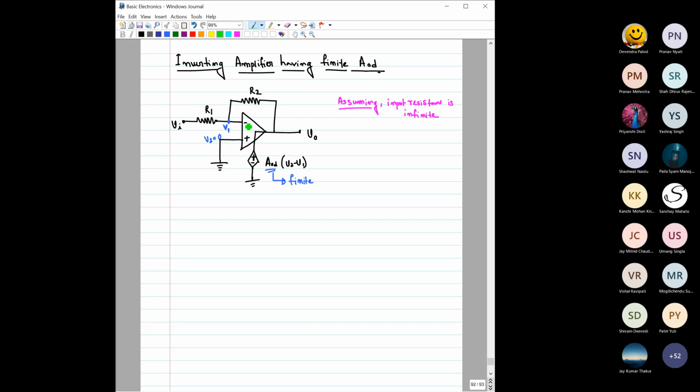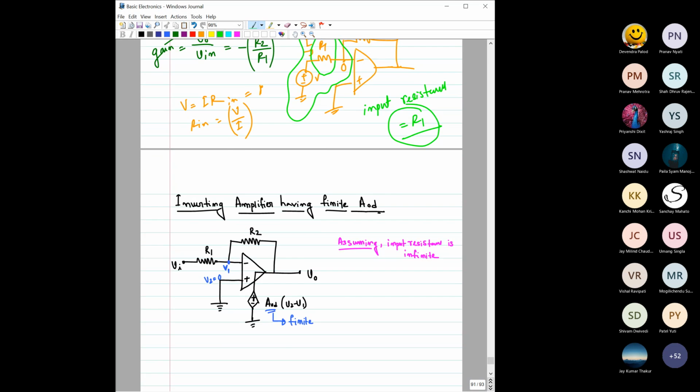We still assume the input resistance is infinite, but AOD, the differential gain, is not infinite but finite. We will see the effect of the magnitude of AOD on the closed loop gain.